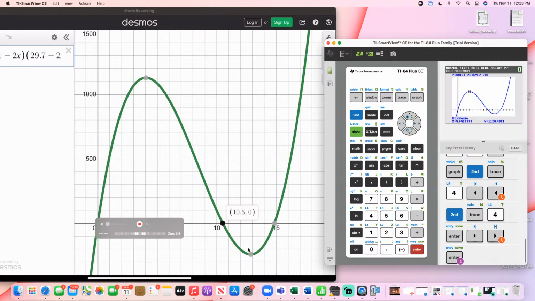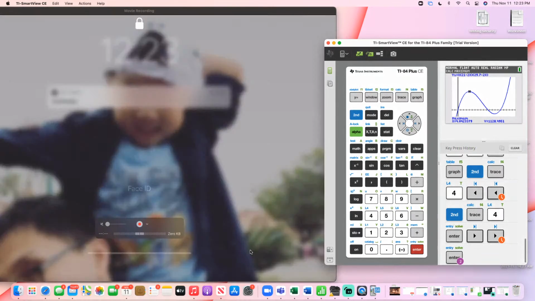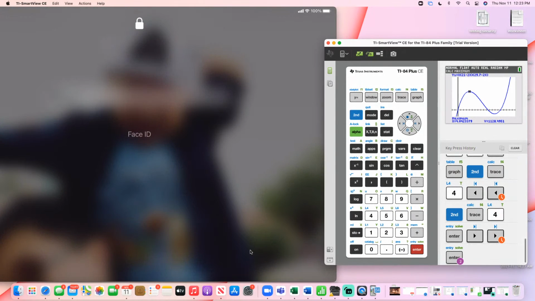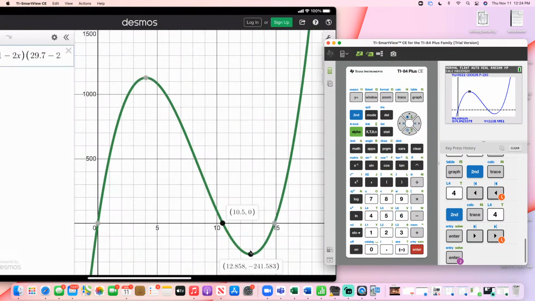That minimum should have been some 14 point something, I don't know. 12.858. Same thing with this one. Trace, and then you click 3, and then you do left bound, right bound, and then hit enter one more time.